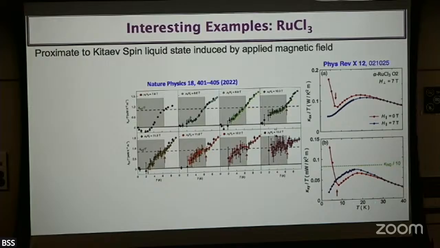And then this is another group. If you don't look carefully, these two data look very similar, but the top is kappa XX, longitudinal thermal conductivity, and the bottom is kappa XY. You can tell from how small the axis is: this is 0 to 0.2 watts per Kelvin meter, but here it is milliwatts per Kelvin meter, an order of magnitude smaller.